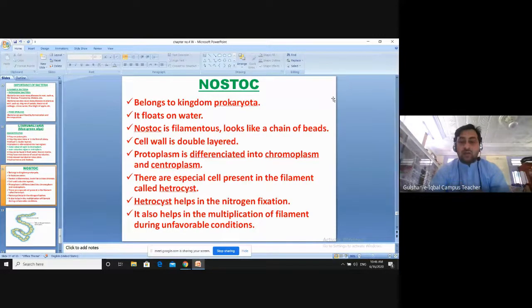It also helps them to reproduce during unfavorable conditions. When the conditions are not in favor of nostoc, the heterocyst divides and their multiplication helps the nostoc to increase in number. But during normal conditions, the nostoc's filament divides and converts into new cells and new nostoc.